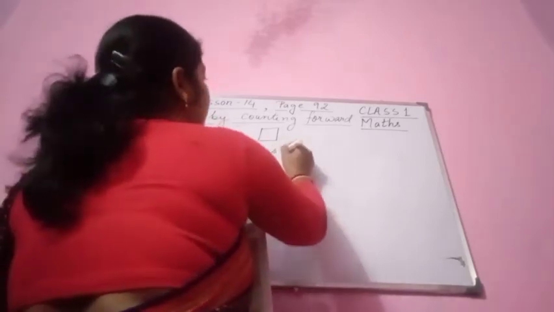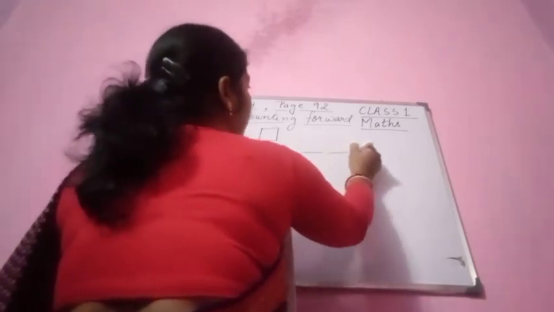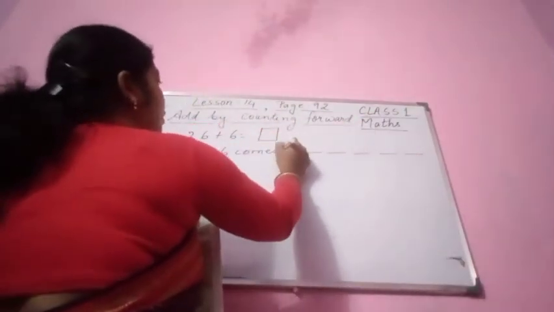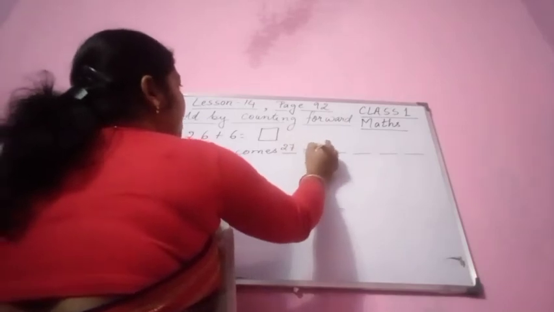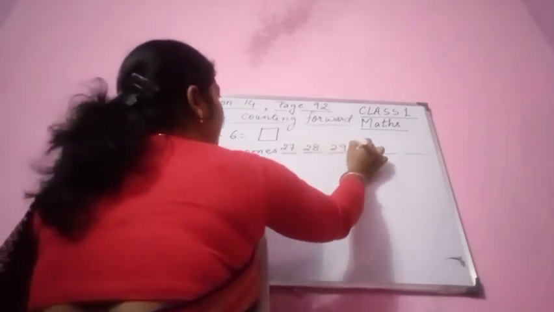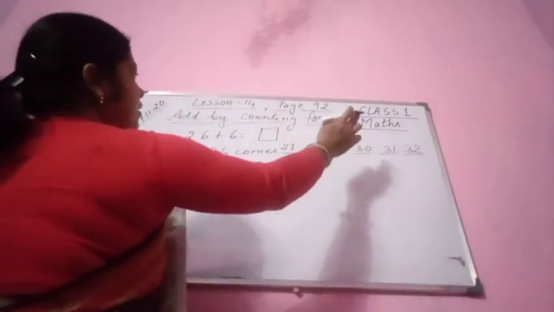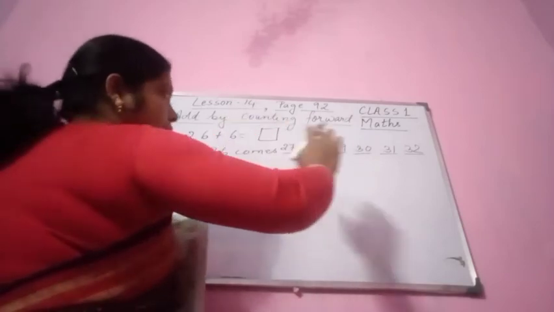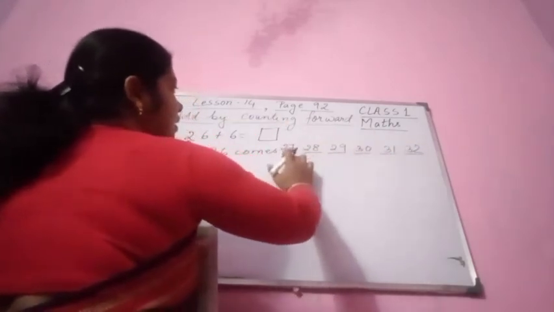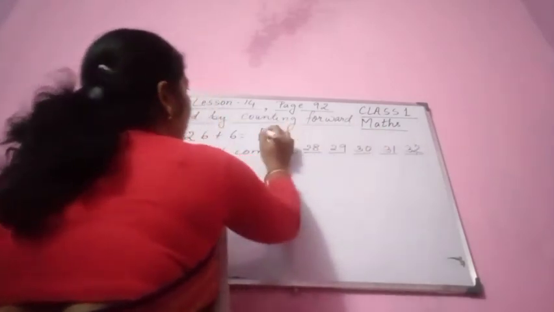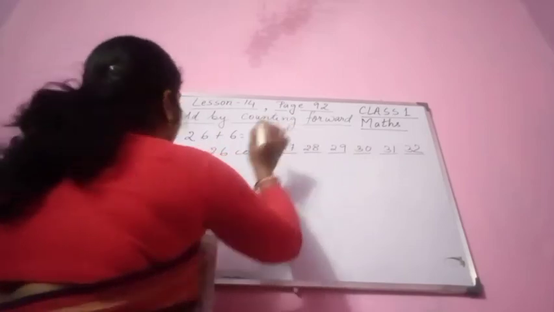So after 26 comes 1, 2, 3, 4, 5, 6 places you write down. So 27, 28, 29, 30, 31, 32. So you can write down here 32.